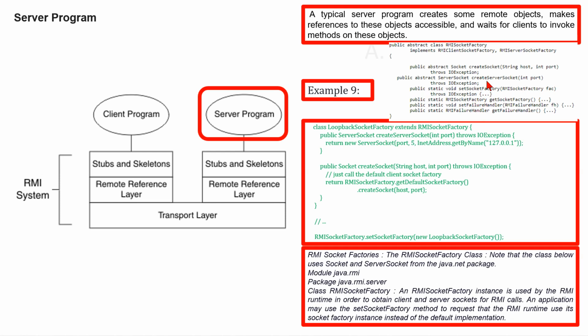For example, RMISocketFactory.getSocketFactory().createSocket(myHost, myPort). The method createSocket should create a client socket connected to the specified host and port.